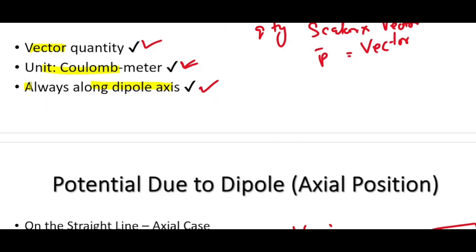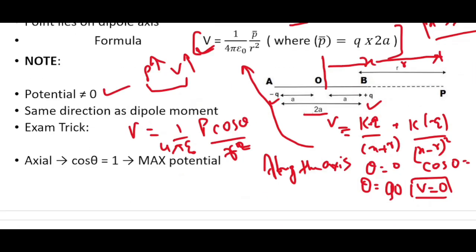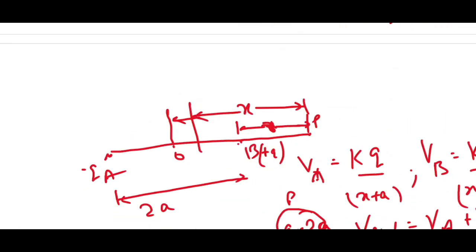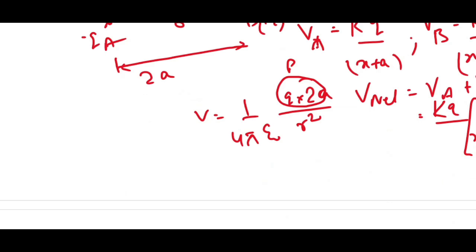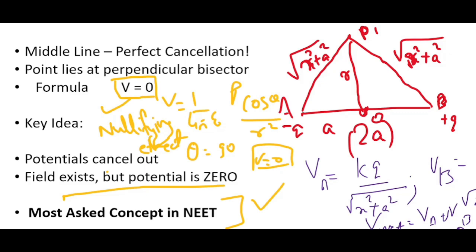You should remember this. Potential due to dipole at the axial position and equatorial position. This is along the axial position. Just go through this diagram once to understand how it has come.